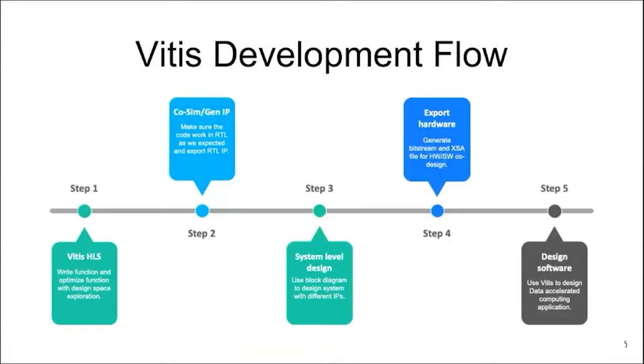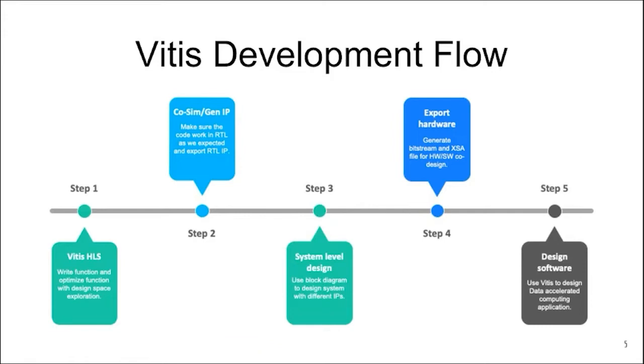Okay, and I will talk about the entire flow. Oh, yeah, sorry. First step, as I said, you will use Vitis HLS to design your IP, and you will do C synthesis and generate your IP. And step 3, you will do the system-level design, which uses Vivado to build your system in a block diagram.